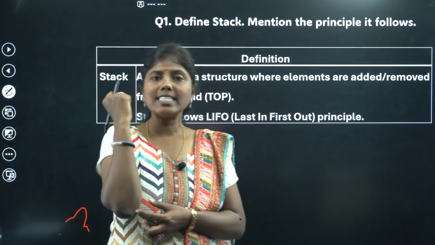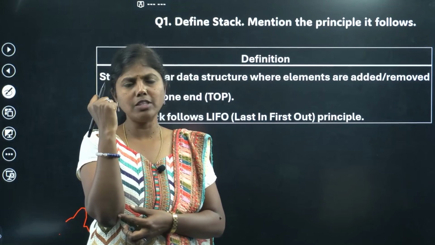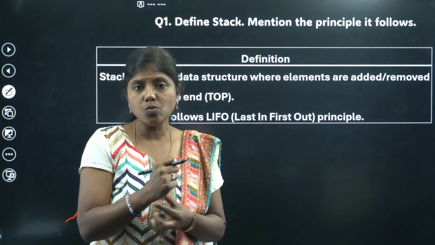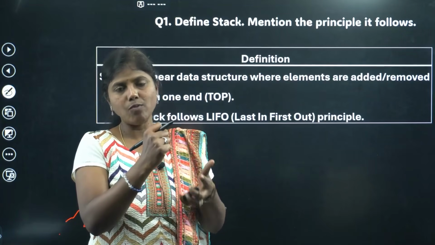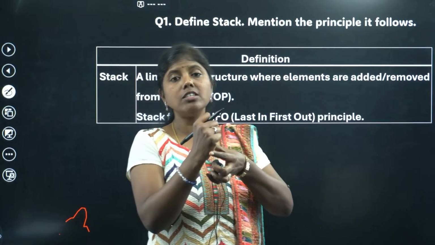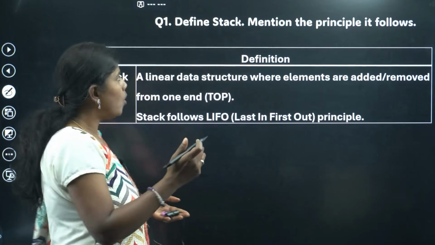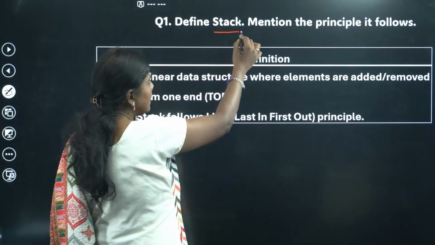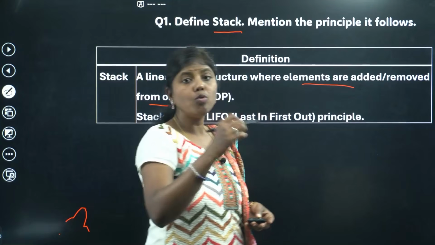So I'll give an example. A stack of bangles is a beautiful example for that. Whenever I add a bangle here, it goes here, and one more bangle added on top of it comes. So whichever bangle I've inserted last will come out first, right? A stack is a linear data structure wherein the elements are added and removed only from one end.